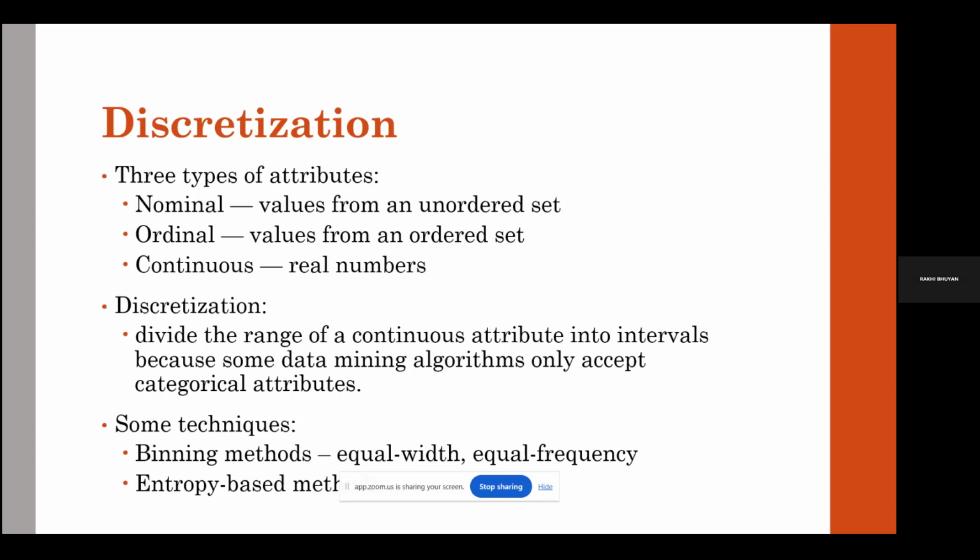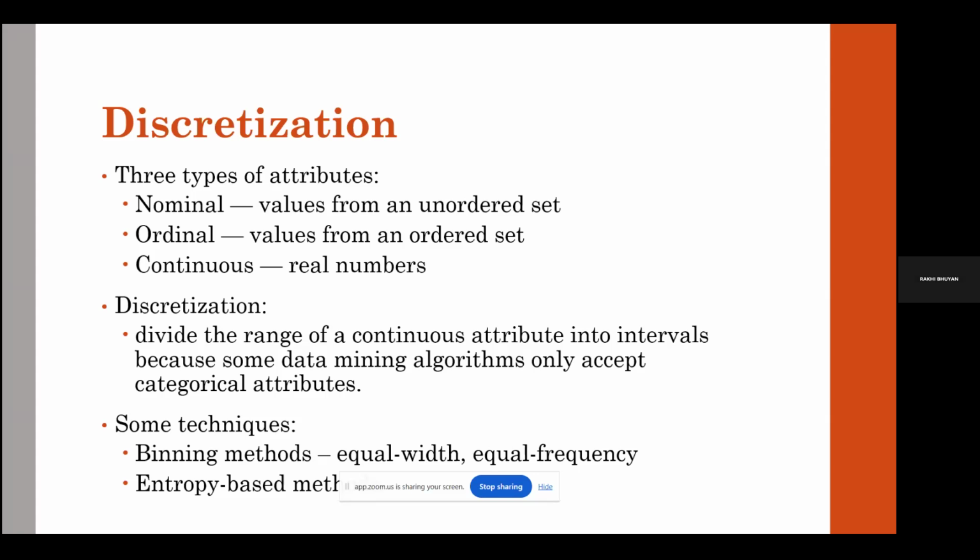There are some techniques like the binning method I have already discussed, that is equal width, equal frequency, or entropy based methods, etc. Discretization is the process of converting continuous data like numbers into categories or intervals like labels or groups.